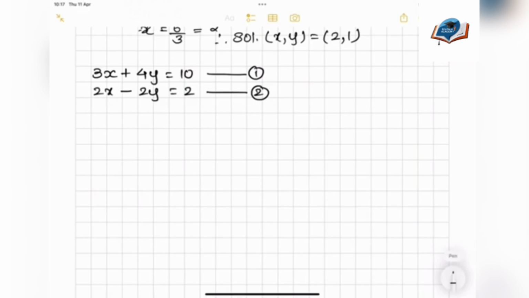Now, instead of removing x, I am making y equal and I will be removing y, or I will be cutting out, eliminating y. So if you see, I am having 4y and minus 2y. So if you see carefully, if I make the second equation minus 4y, so I can cut 4y and minus 4y.